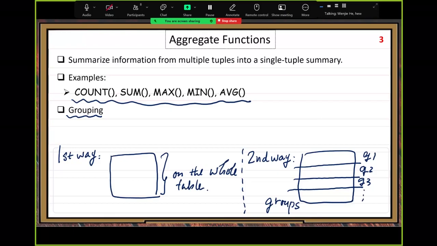How to do the grouping? Later you will see how to define groups. So you divide the whole table into multiple groups, then you apply the aggregate functions on each group.